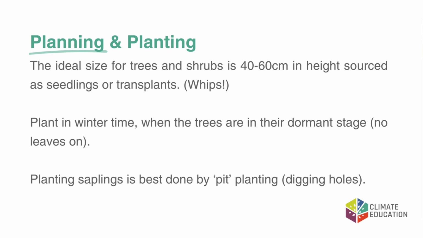They're either sourced as seedlings, which is something that's been planted into a seed tray, or they are transplants, so they might appear in your tree pack as a root ball, dug out of a trench at a tree supplies nursery. We refer to all of these young saplings as whips.